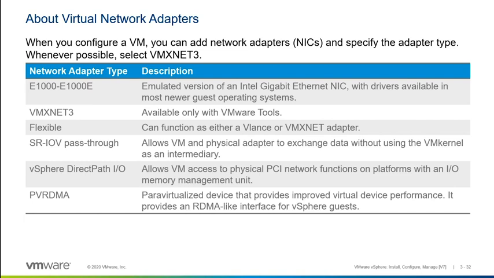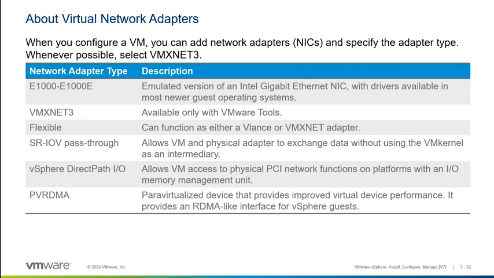Another way to do it is by using vSphere's direct path I/O. What this allows us to do, like I said before, is to dedicate a physical network adapter to a single virtual machine. Actually, in vSphere, we now have shared direct path I/O devices as well, so you can support things like vMotion, for example, with direct path I/O.